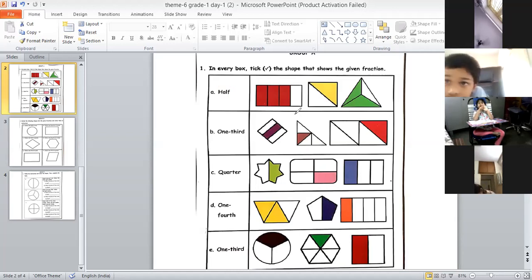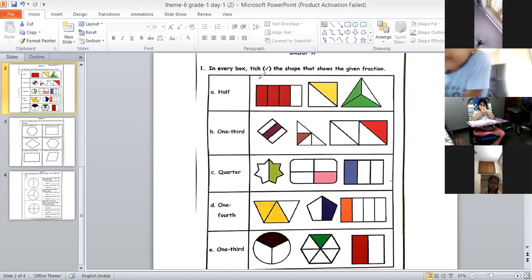Sai Ritvik. Yes, ma'am. First shape is divided into how many parts? 3 parts. Look at the shape carefully. This shape is divided into how many parts? 4 parts.